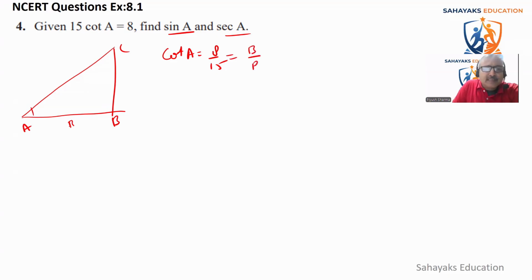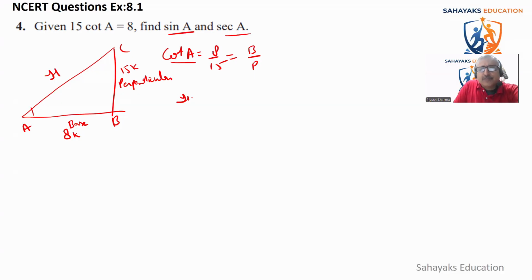So this is base, this is perpendicular, and this is hypotenuse. So we can say that the base is 8K divided by perpendicular 15K.